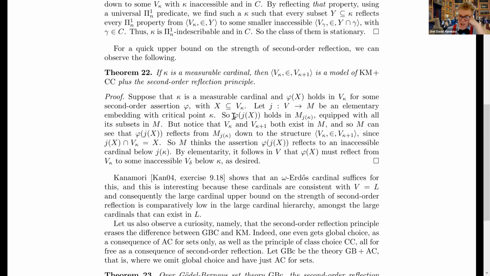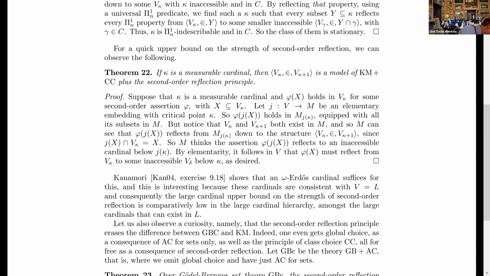And so phi of j of x holds in the j kappa rank initial segment of M, by elementarity. But V kappa and V kappa plus 1 both exist in M. And furthermore, j is elementary from V kappa to V j kappa of M. And so M can see that phi reflects down to this structure which exists in M.